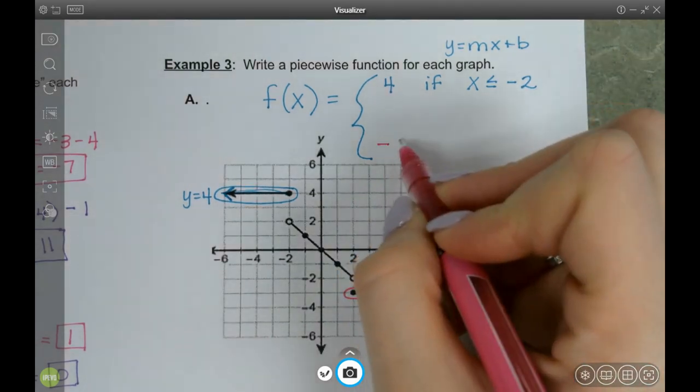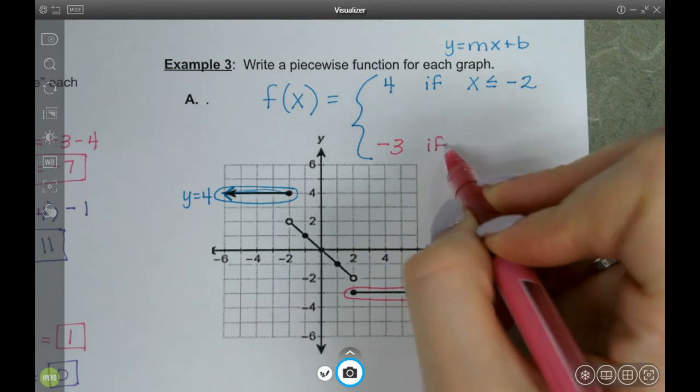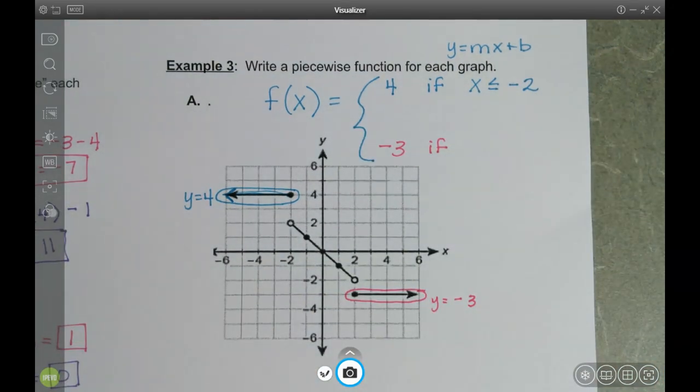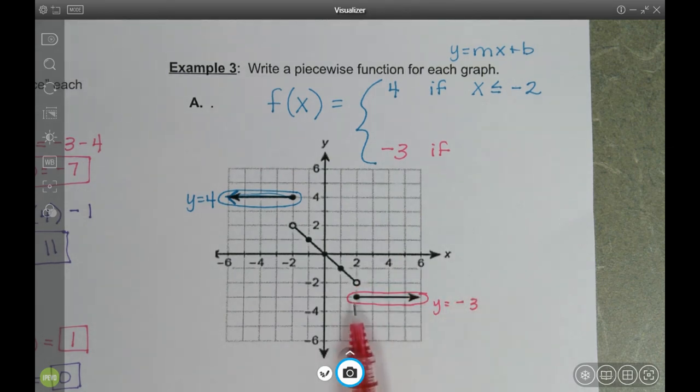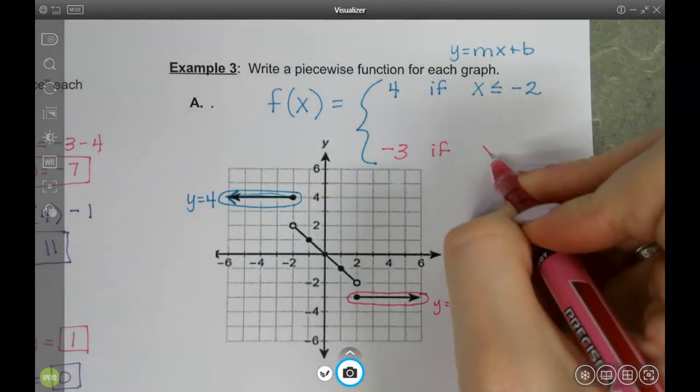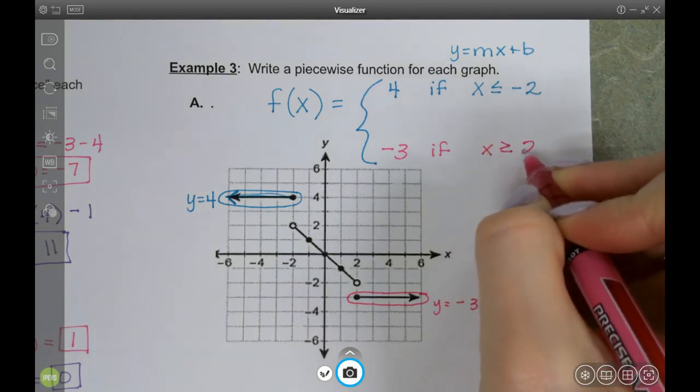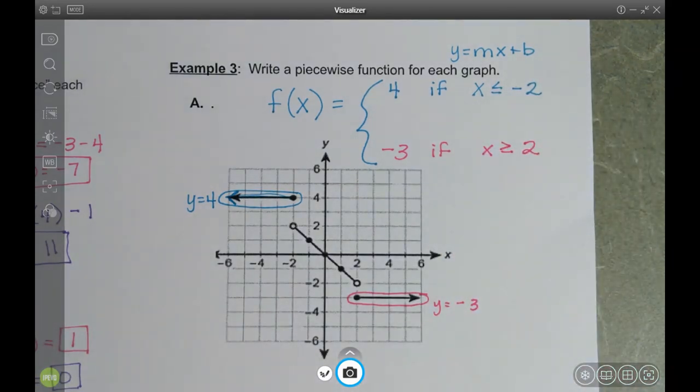So y equals -3 if, what's my starting x value? +2. And then all of the numbers to the right are greater than. Again, it's a closed circle, so it's going to be if x is greater than or equal to +2.